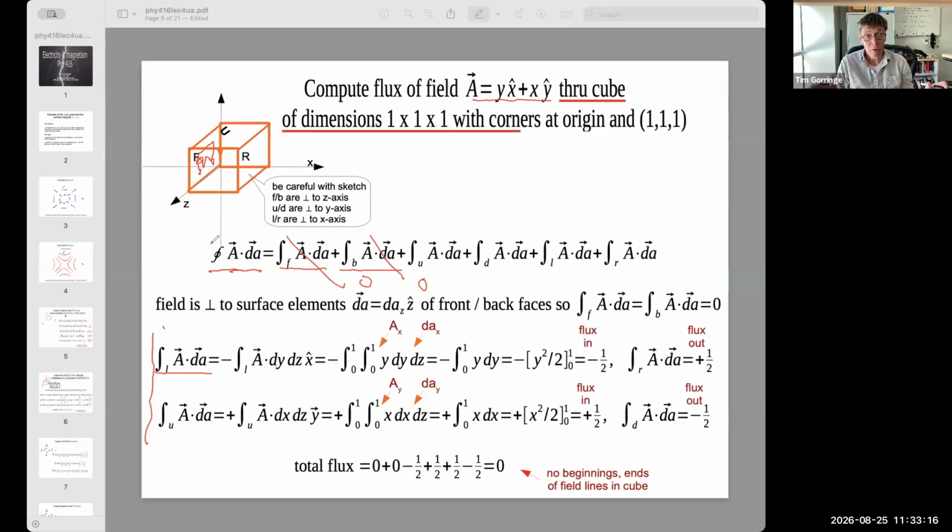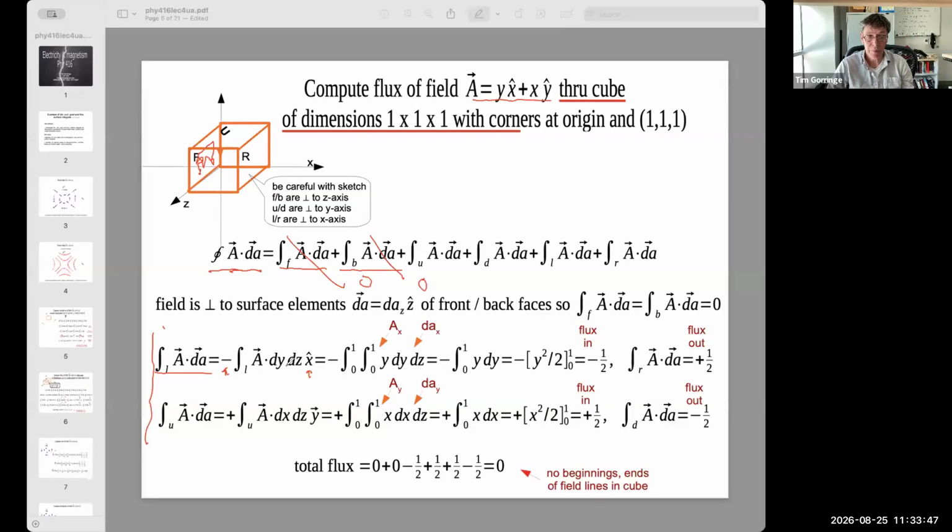So the one for the right surface will be in the positive x direction, and the one for the left surface will be in the negative x direction. So that explains the x here. And for the left surface, there's a minus sign here because out of the surface is to the left, in the negative x direction. This will be positive for the right surface.